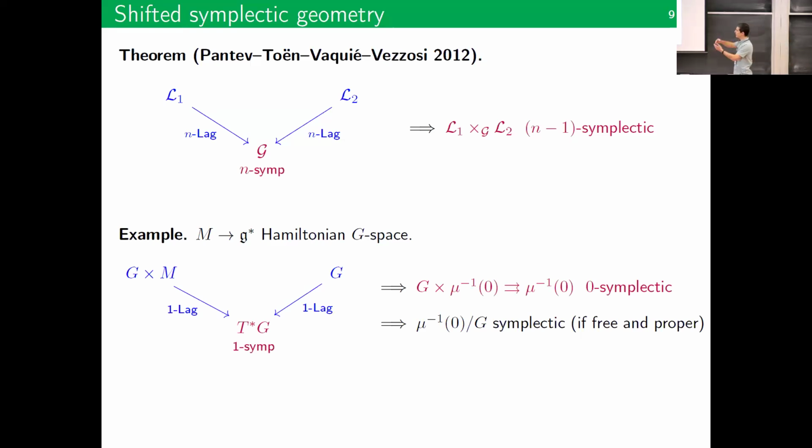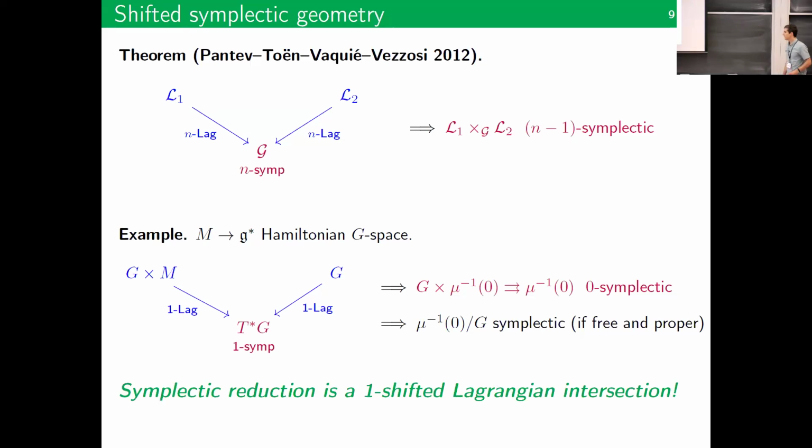And then the intersection is the action of the group G on the zero-level set of the moment map, viewed as a stack, just as I was introducing stacks as equivalence classes of Lie group actions on manifolds. So this is an example. But if the action is free and proper, then this one is equivalent to the quotient. And so the quotient is a symplectic manifold. So symplectic reduction is a one-shifted Lagrangian intersection. It's a special case.